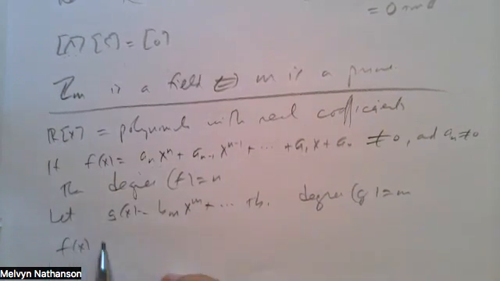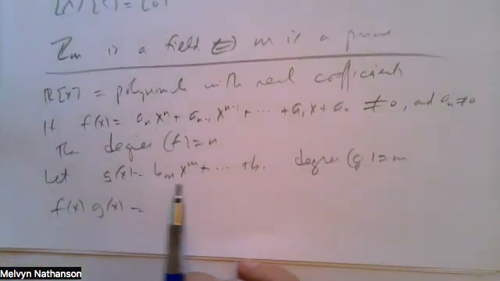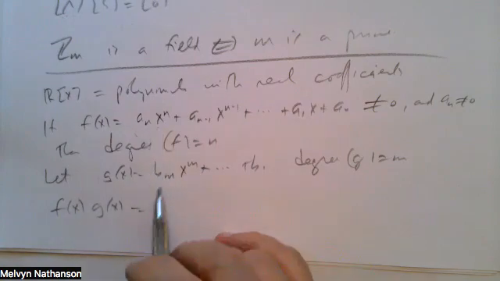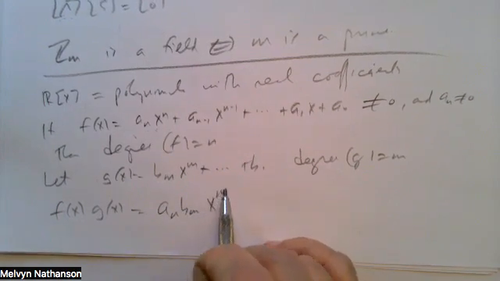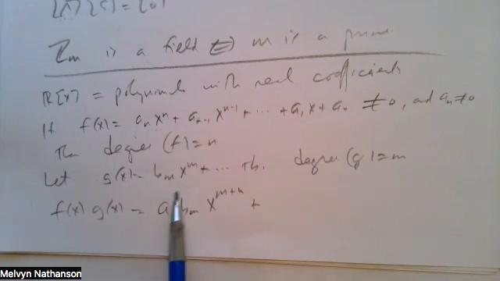So if you multiply f of x times g of x, just the way you learned wherever you learned how to multiply polynomials, you get a term a_n b_m x to the m plus n. That's the highest power of x you get when you multiply.